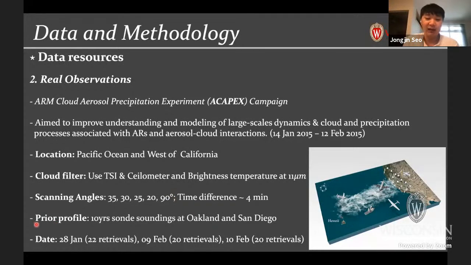And also we made prior profiles using 10 years of sonde soundings at Oakland and San Diego. During these campaigns, most days were cloudy. So we only have 3 days that are considered the most clear skies from TSI and ceilometer data: 28th January and 9th and 10th February.